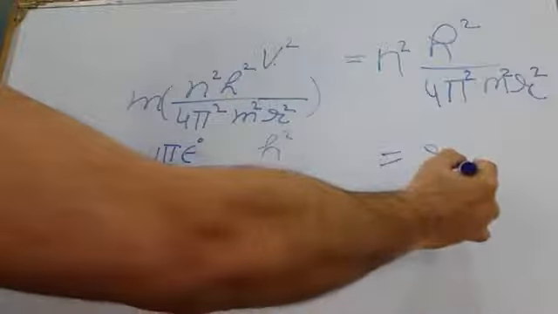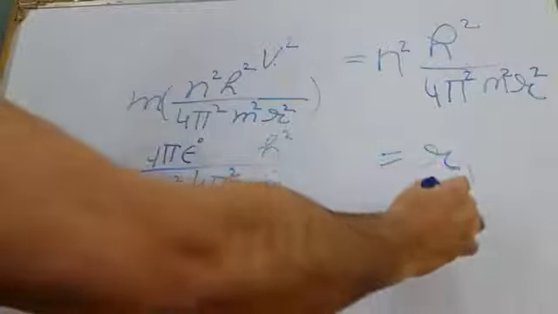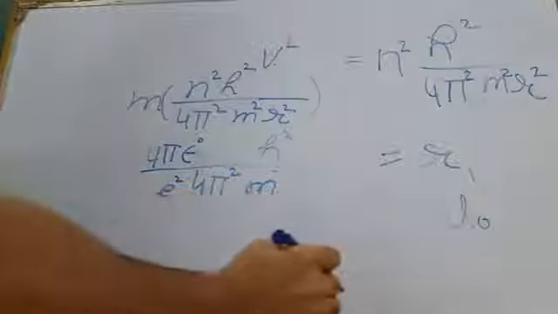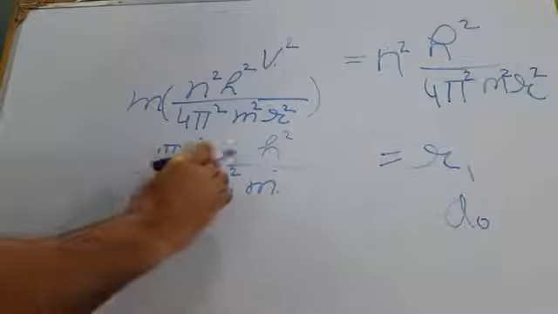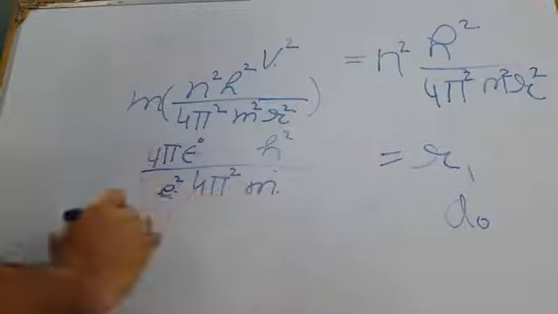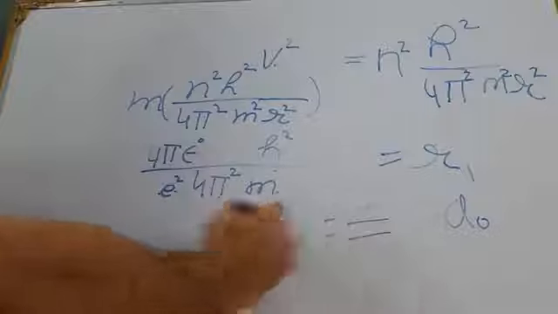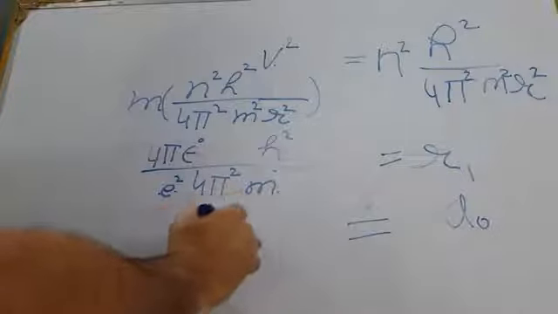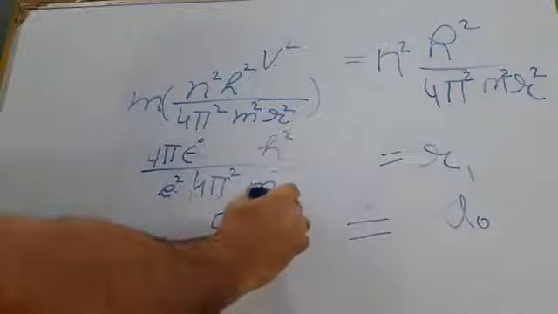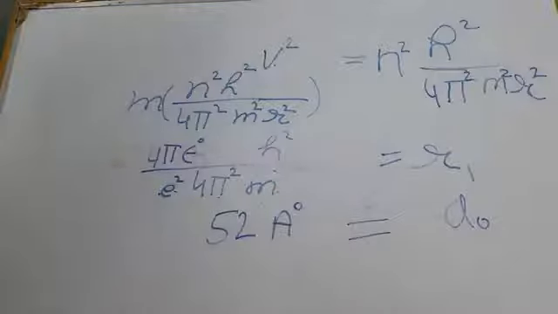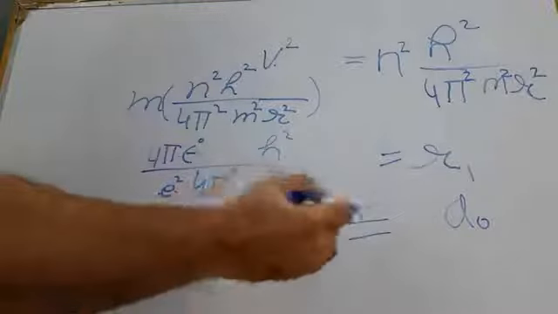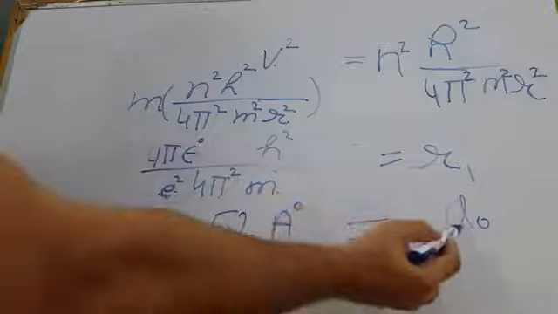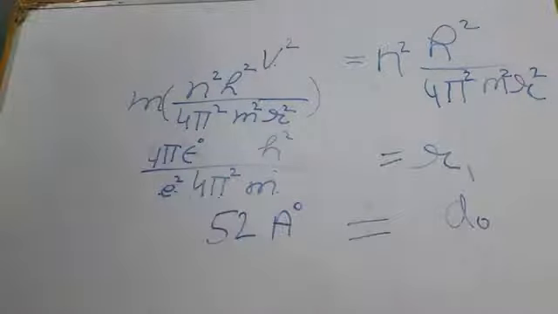Then this is r1, which is also symbolized as a0 or the Bohr's orbit. We put all the values here, then it comes out to be 0.529 angstrom. That is how Bohr could find out the first orbit of the hydrogen atom.